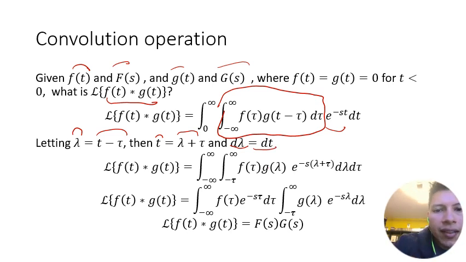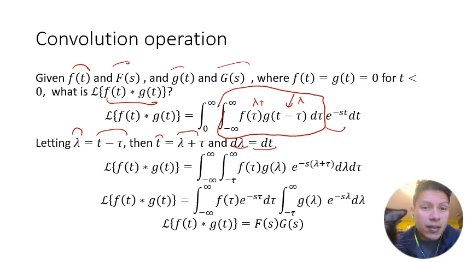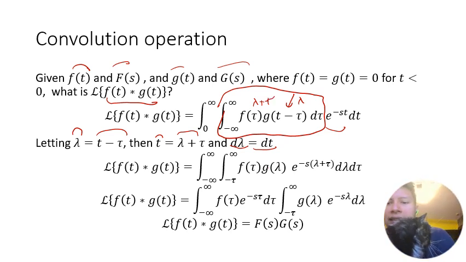And so if we do that, this will become lambda, and this would become lambda plus tau.